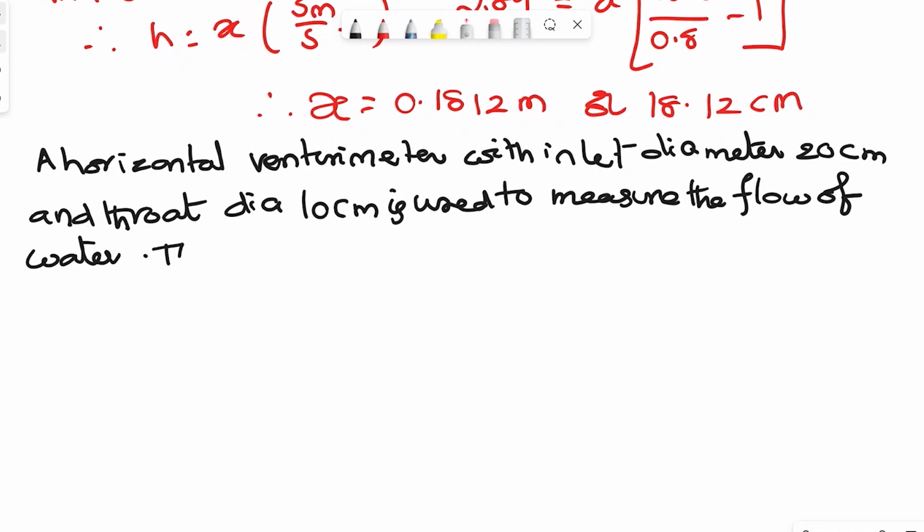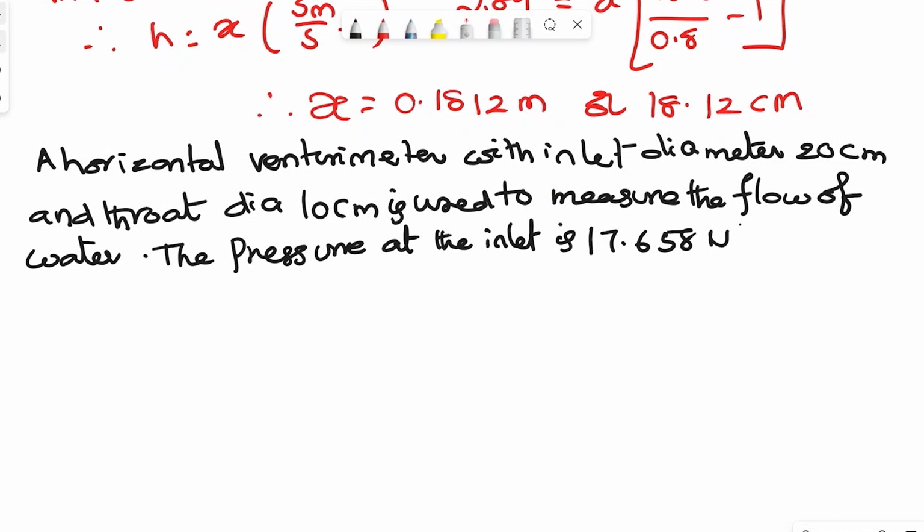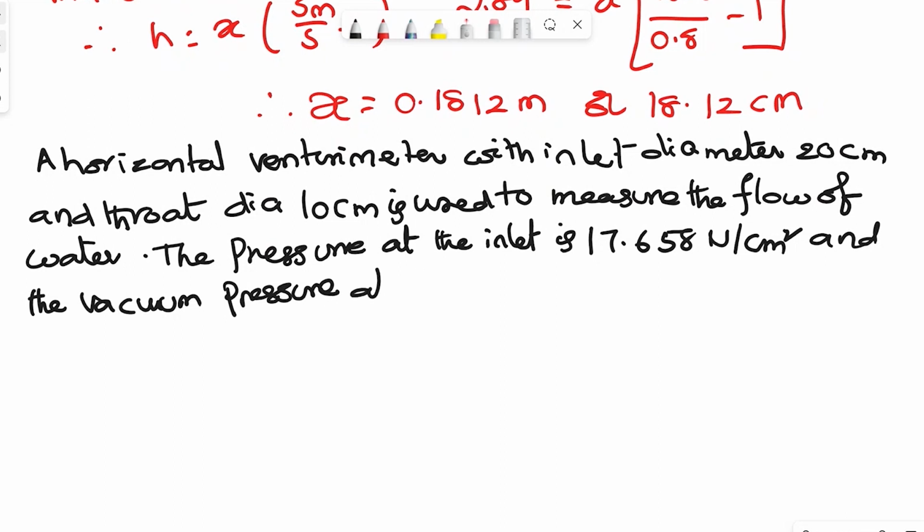The pressure at the inlet is 17.658 Newton per centimeter square, and the vacuum pressure at the throat is 30 centimeters of mercury.